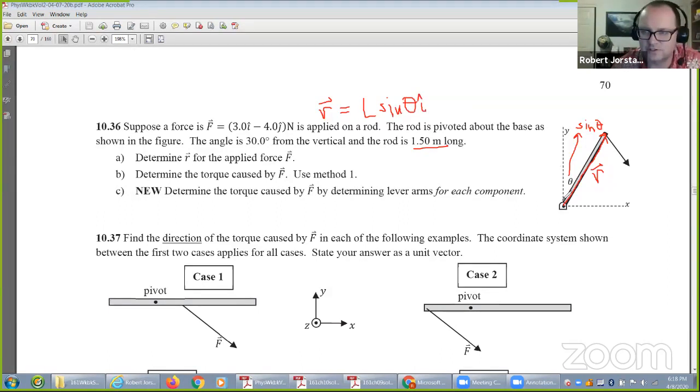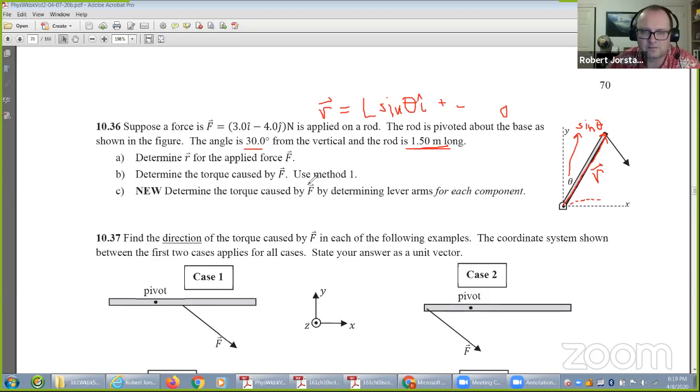And double check, it's going to the right. Yep. Plus L cosine theta in the j hat. And now I think you could plug in the numbers 1.5 and 30 degrees and hit a calculator. So that's what I was hoping you would do.